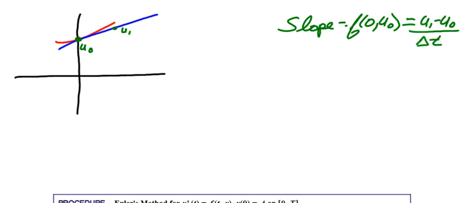So I'm going to draw another picture here using this idea that we have the change in the y's over the change in the delta t. So this part here should be my u sub 1 minus u sub 0. And then this should be my delta t, my change in my t or independent variable. And we know that that's slope.